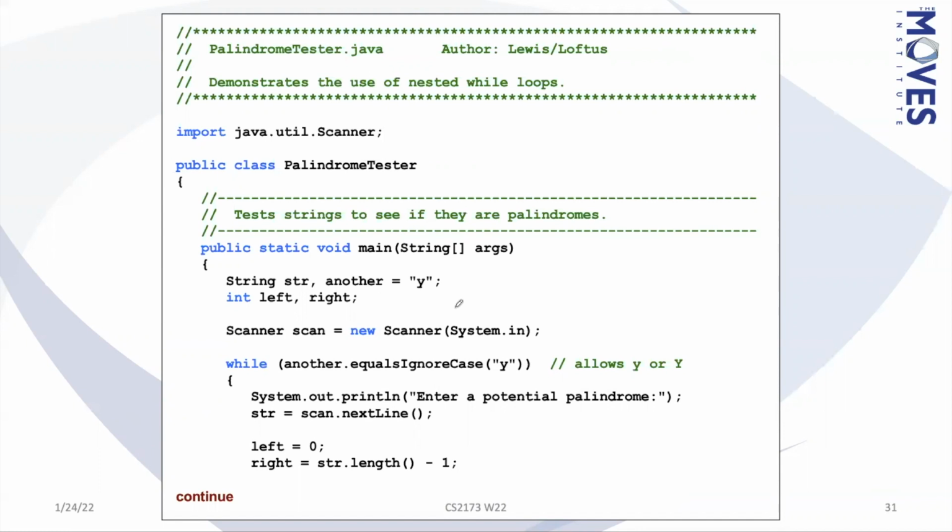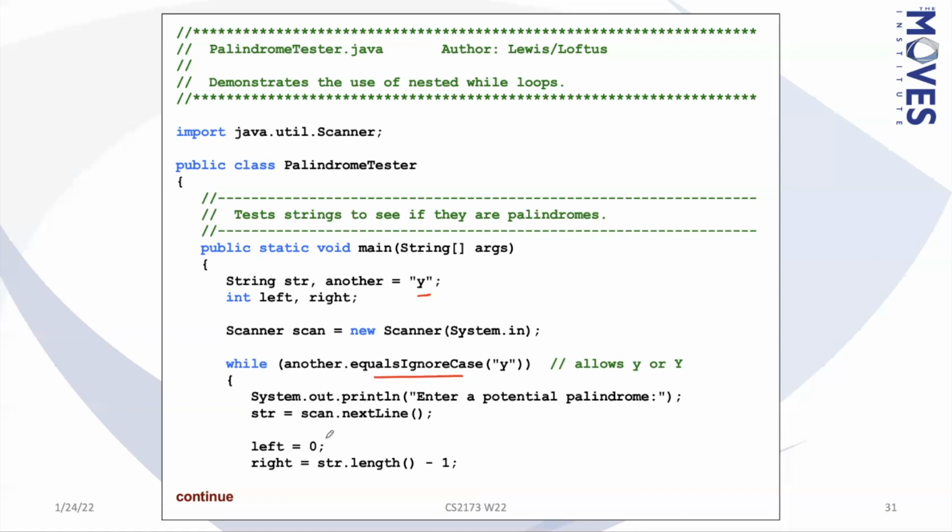The idea here is that I want to find out if a particular string is a palindrome. If I have a single letter in my string, then by default it's sort of a palindrome, I guess. But that's not something you'd ever want to test. So that's actually a decent sentinel. And they're also using something called equals ignore case, and that'll allow you to enter either lowercase or uppercase.